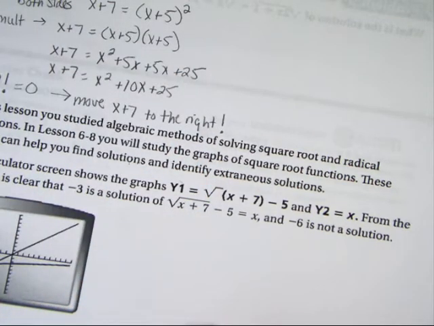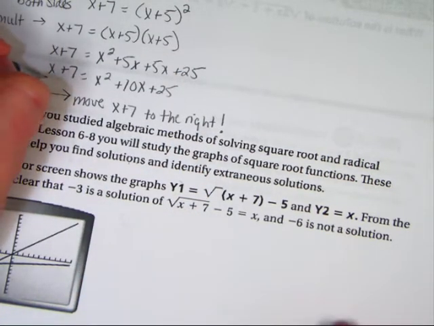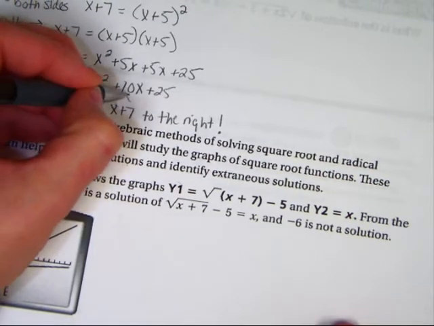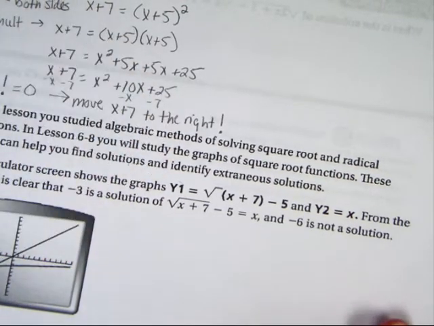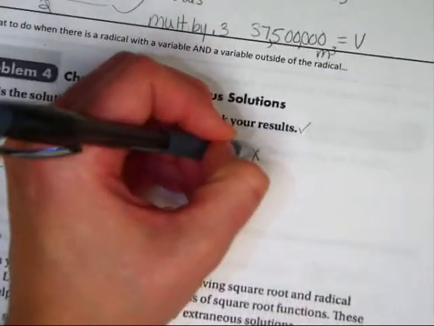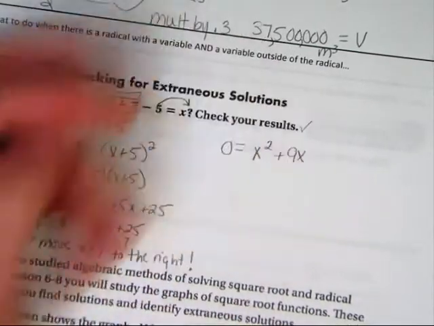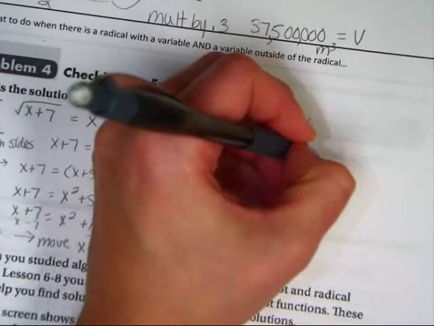So I'm going to do a minus x, I'm going to do a minus 7. That's going to give me 0 equals x squared. 10x minus x is 9x. 25 minus 7 is 18.